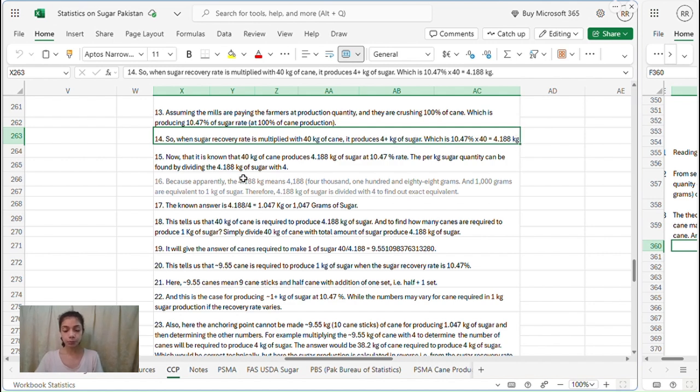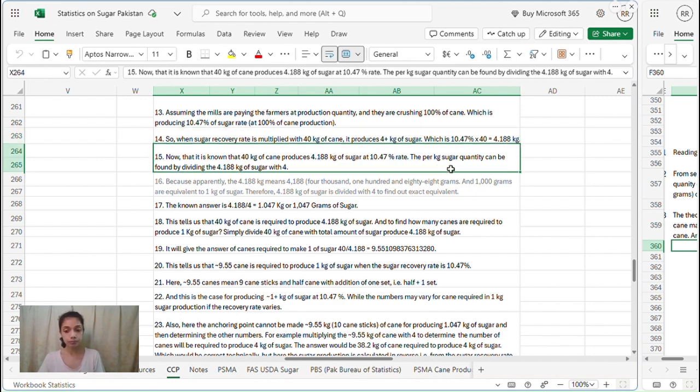Now point number 15. Now that it is known that 40 kg of cane produces 4 kg 188 grams of sugar at 10.47% rate, the per kg sugar quantity can be found by dividing the 4 kg 188 grams of sugar by 4.